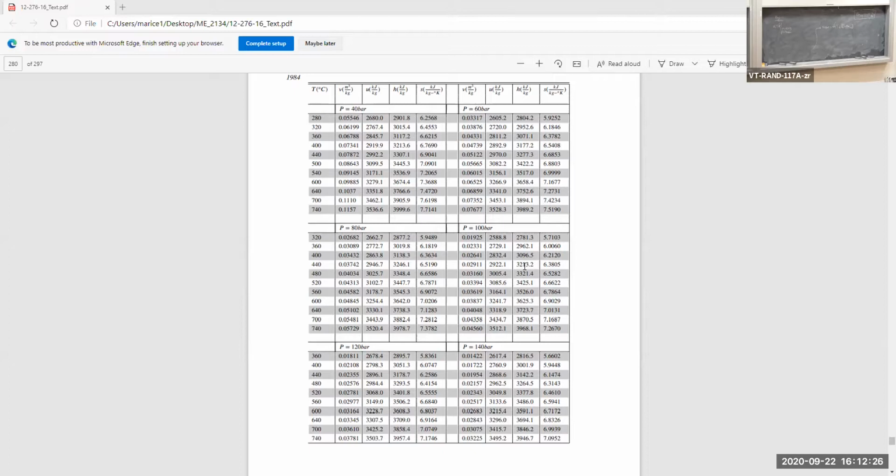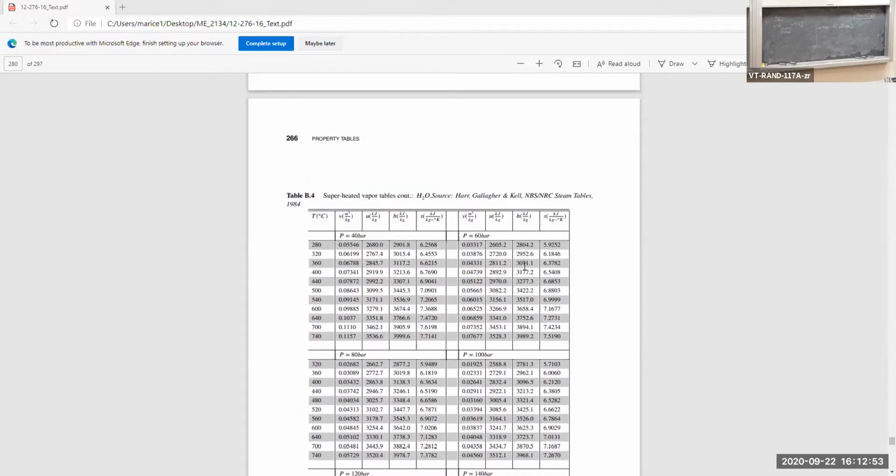If you go through and do a little interpolation, I have H1 is 3240.25 kilojoules per kilogram. And that's from the steam table B4, and you have to interpolate.